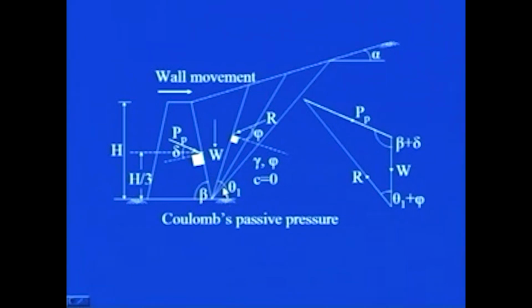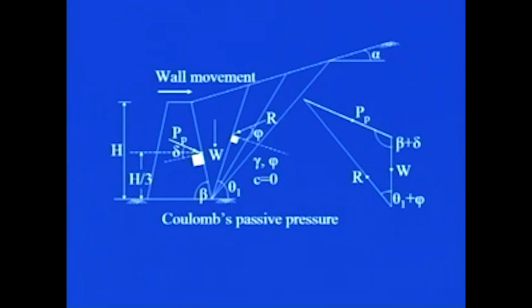here in this figure. Now, as we did exactly in the case of the active earth pressure diagram, when we were dealing with Coulomb's theory, in that particular case, we have to follow similar steps to estimate the total passive force per unit length of the wall.